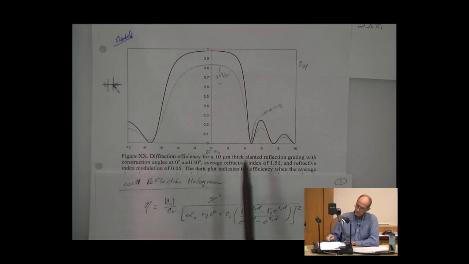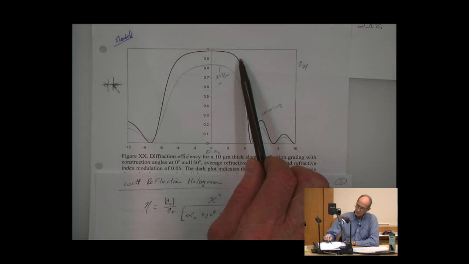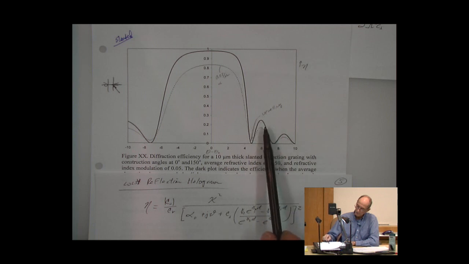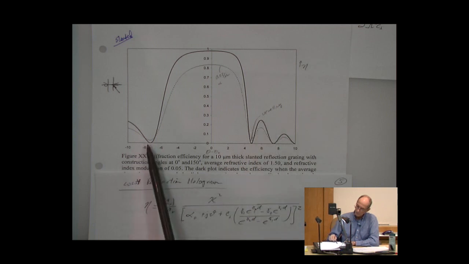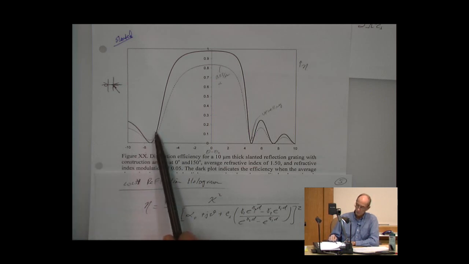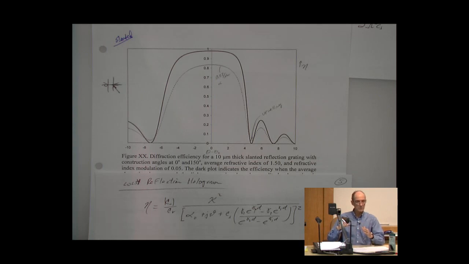This is the zero loss case. It comes down to a nice null, then peaks up rather quickly, and drops again, whereas on the negative side it's changing more slowly. So when you make this slanted grating, it introduces some asymmetry into the diffraction efficiency characteristic.